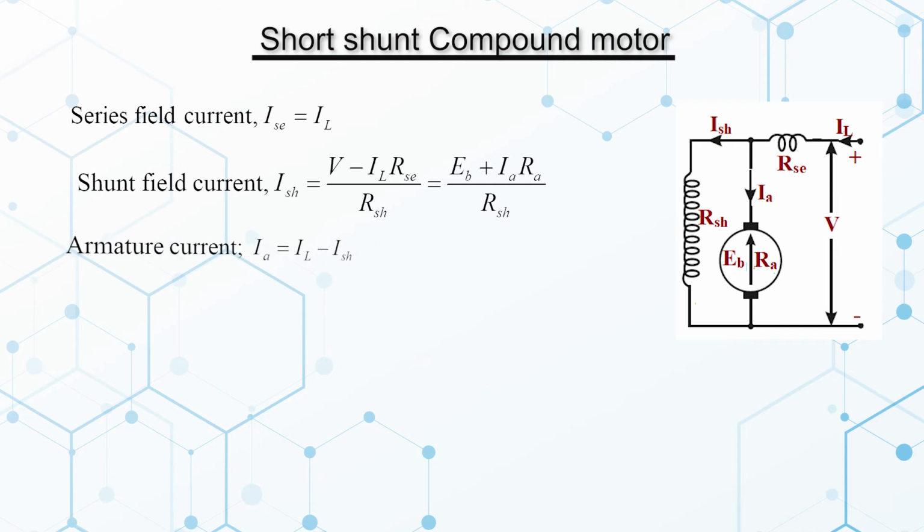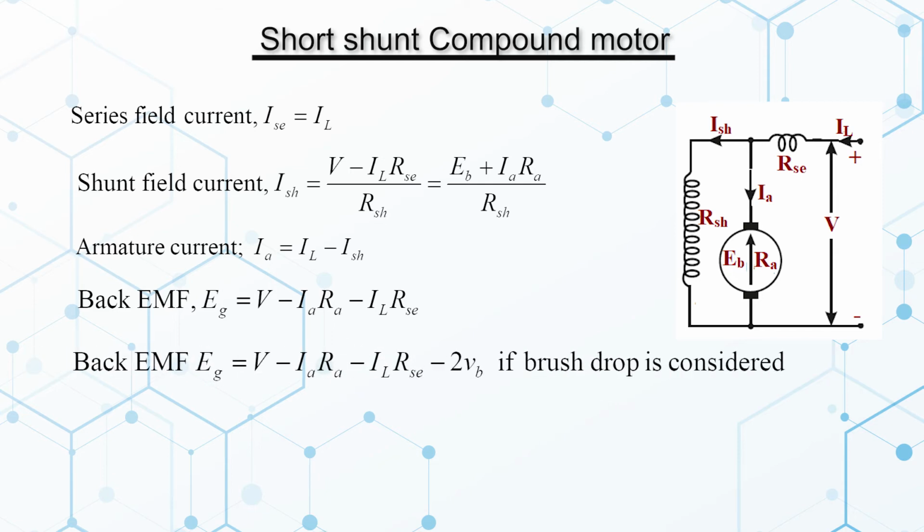And what is the value of the armature current IA? The armature current IA can be written as IL minus ISH, where IL is the supply current from the source and ISH is the field current through the shunt field winding. So the back EMF can be written as EB equal to V minus IA RA minus IL RSE.